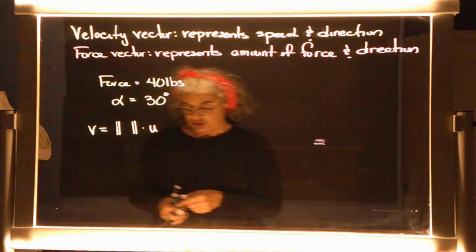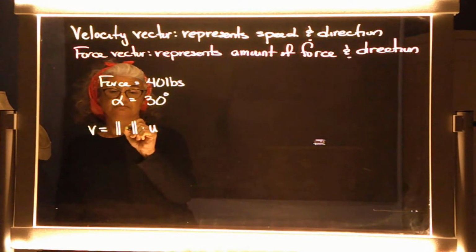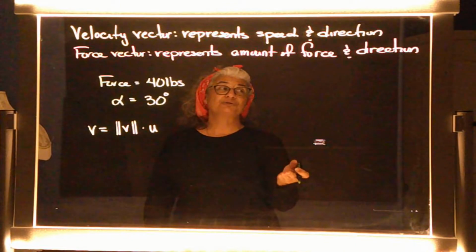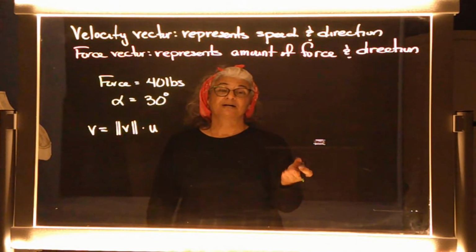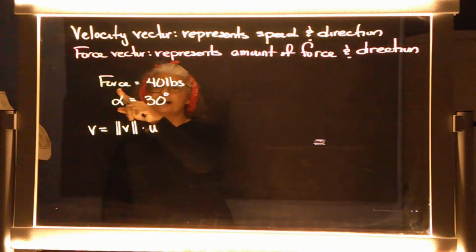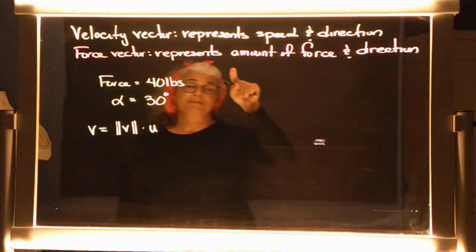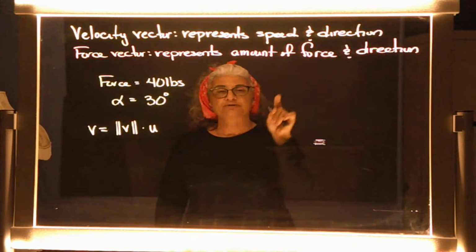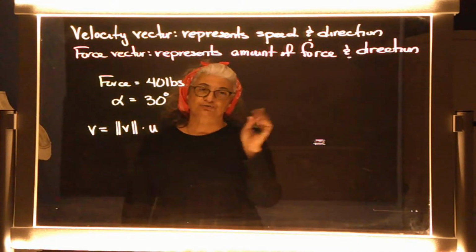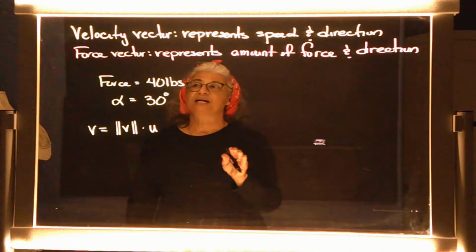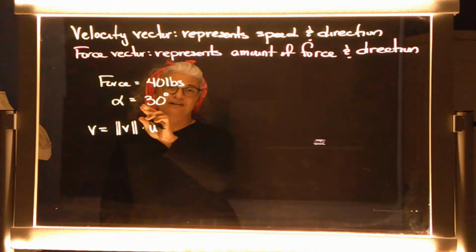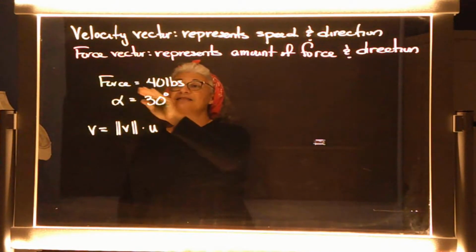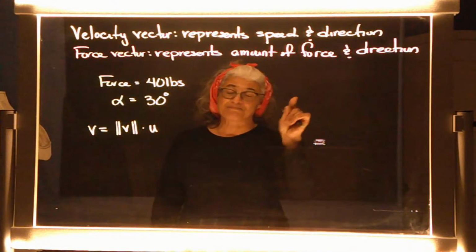All right? So the magnitude of the vector, in this case, since we're actually talking about a force vector, is the amount of force itself. Because remember, vectors have direction and magnitude. And since the alpha, the 30 degrees, represents the direction, then the force actually represents the magnitude.